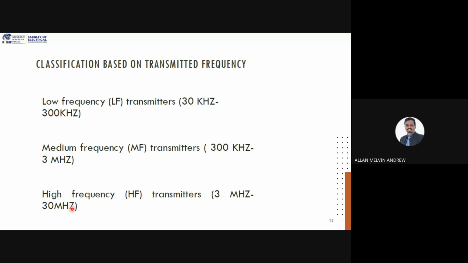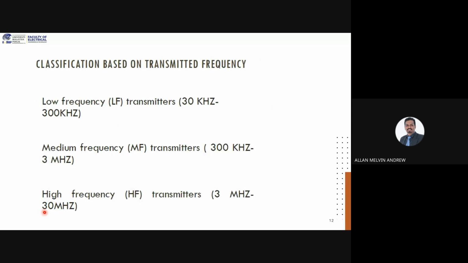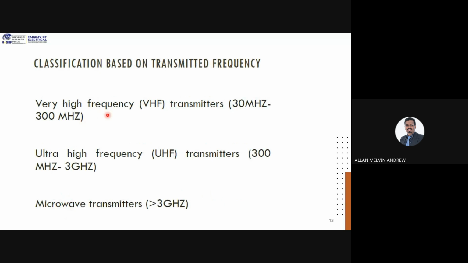If you further divide this, I think maybe you have heard these terms. VHF, very high frequency, covers 30 megahertz until 300 megahertz. And we have UHF, ultra high frequency transmitters, which cover 300 megahertz to 3 gigahertz.